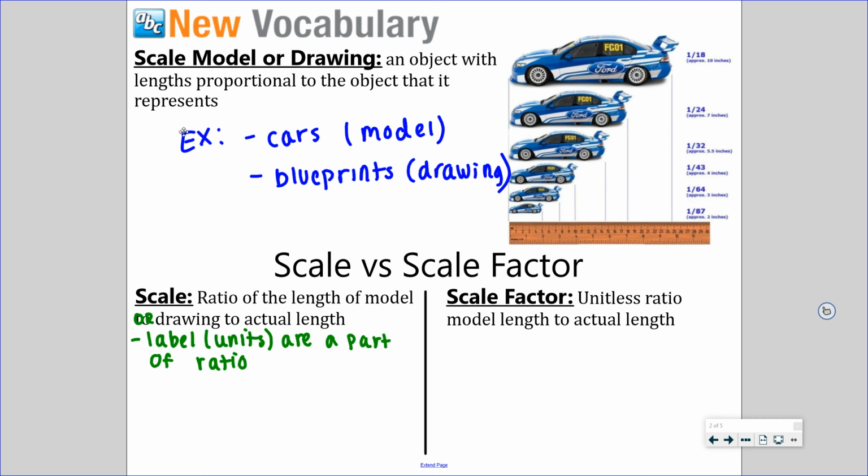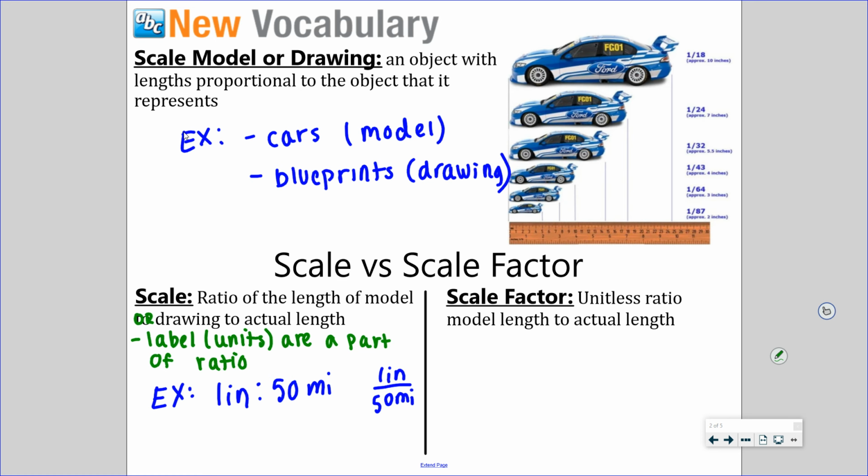For an example, a scale on a map might say 1 inch on a map represents 50 miles in the actual distance. It could be written like that, or it could be written as a fraction. You guys know that, we can write ratios in both those ways.